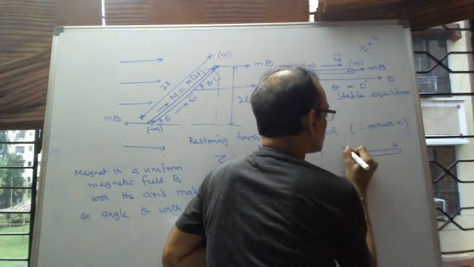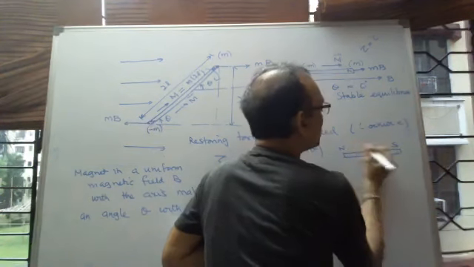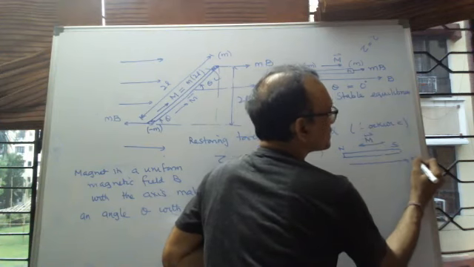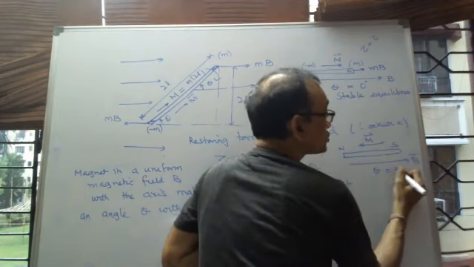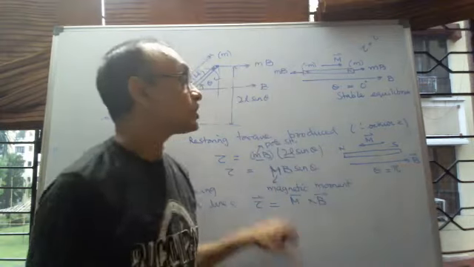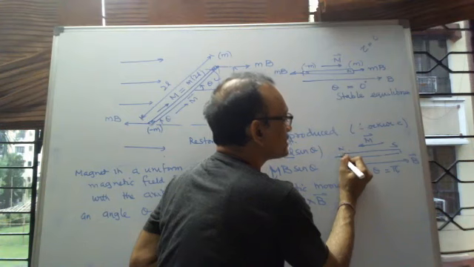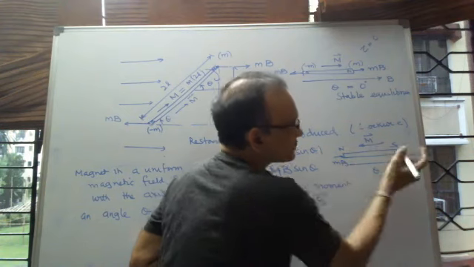this is south, this is the north, then the magnetic moment will be like this, and say magnetic field is like this. In case it is pi, this also is equilibrium in the sense this N will experience a force MB like this in the direction of the magnetic field.